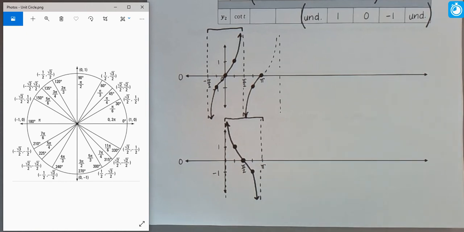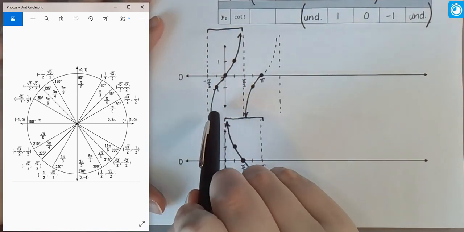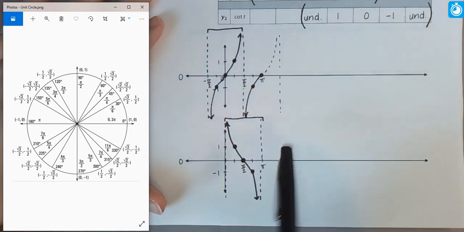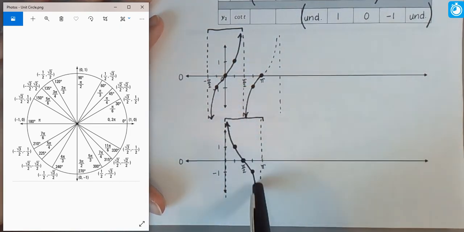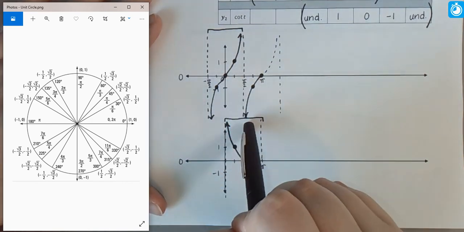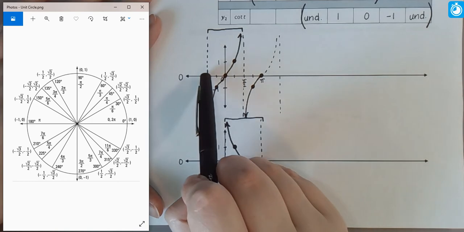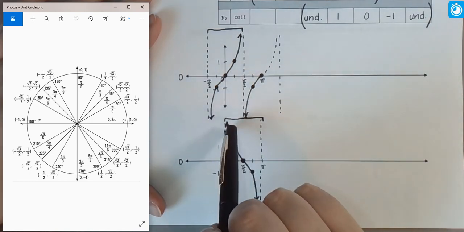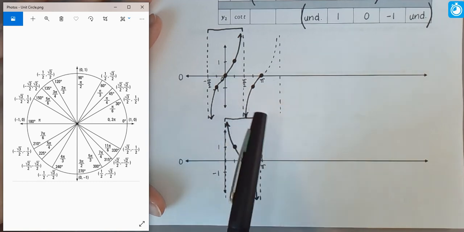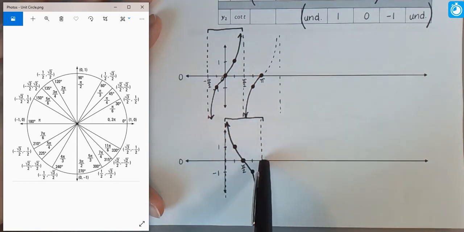What's also important to keep in mind is their differences. So notice tangent, if you look at one branch, the branches for tangent are increasing as we look left to right. The branches for cotangent are decreasing. And then most important is going to be the location of those asymptotes. Tangent graphs from -pi over 2 to pi over 2 for the standard interval, and those are going to be the locations where we have our asymptotes. Cotangent is going to graph from 0 to pi, and those are going to be the locations of those asymptotes.